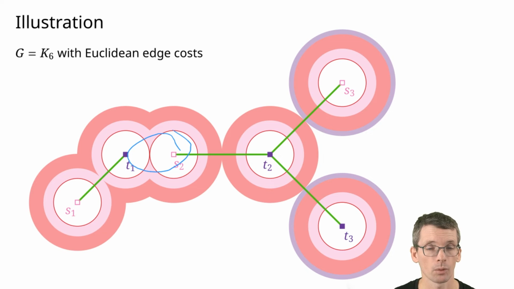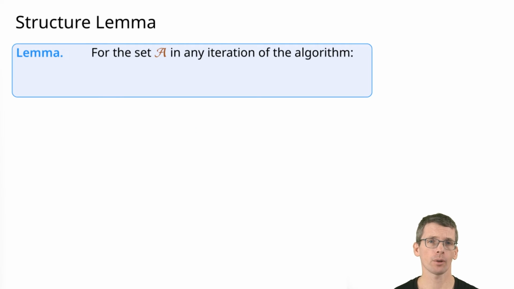We will now want to prove that this is actually a good solution in terms of its approximation guarantee. First, let's make some structural observations, beginning with the following lemma.